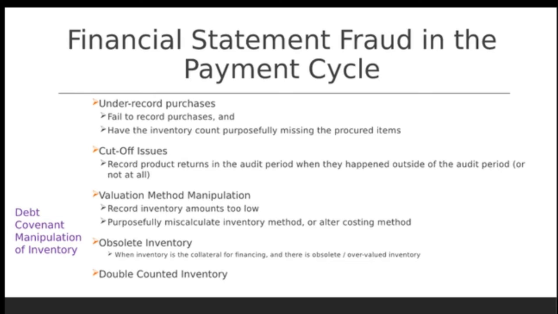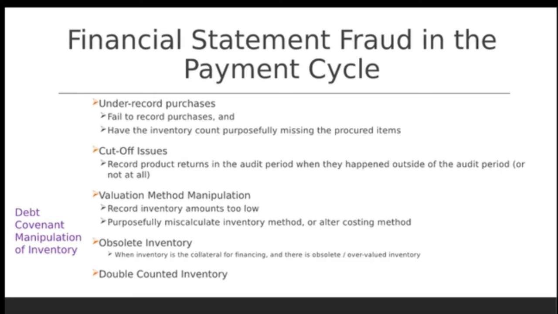They also may want to overstate that inventory for debt covenants. They might have some financing through a bank that says, you've got to have so much in inventory to back up this debt that we are giving you, and so they might want that inventory to stay inflated to back up that debt, and you might have some bad inventory numbers in there.